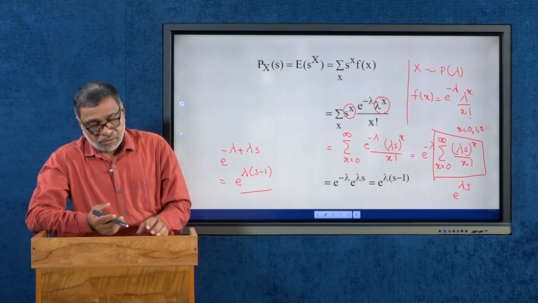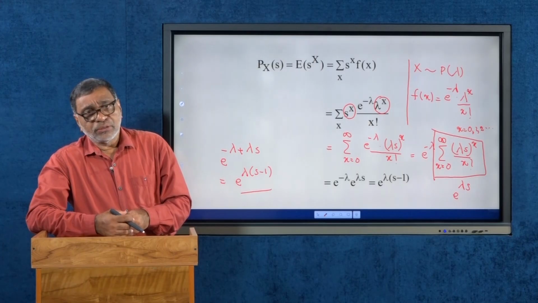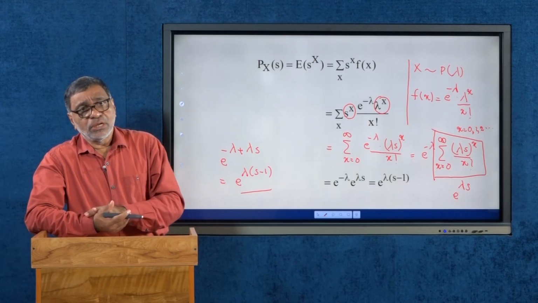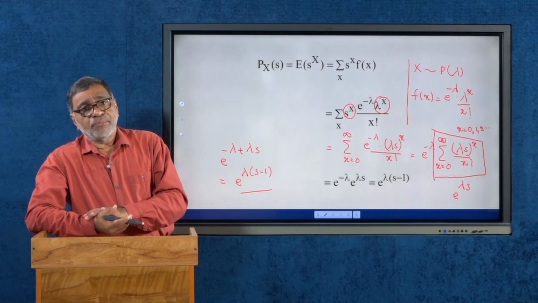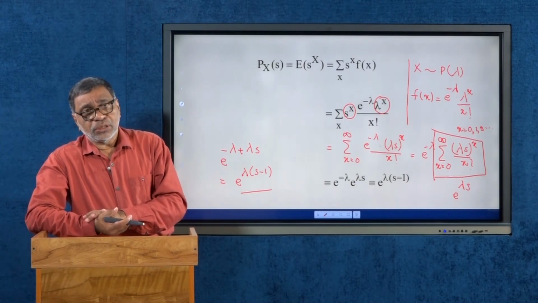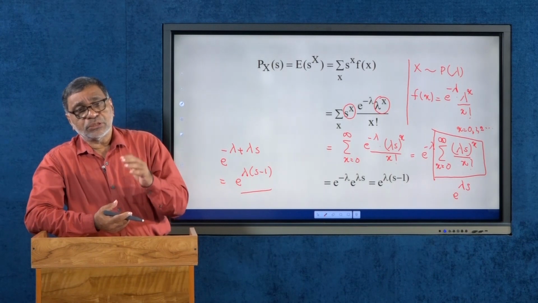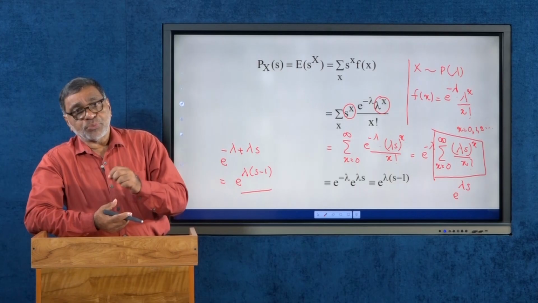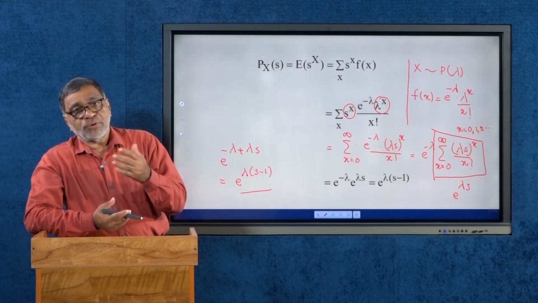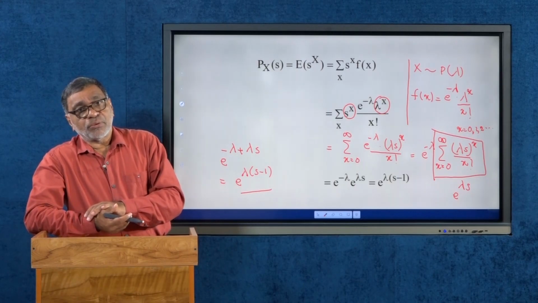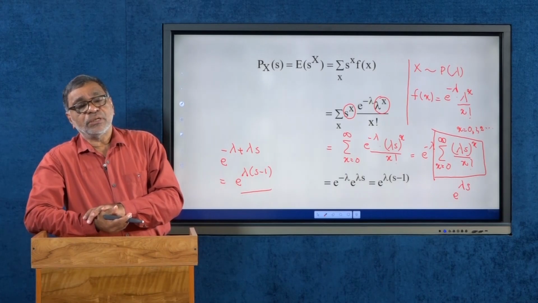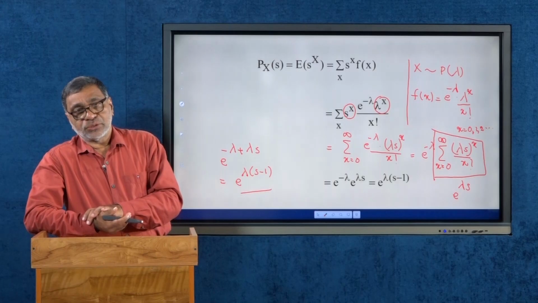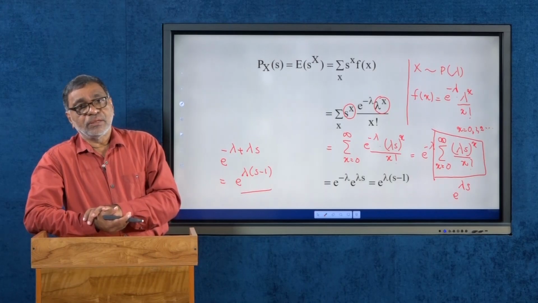As I mentioned, this function is used for generating probability values. If you expand this function, you can find the probability values from the infinite series by identifying the coefficient of s power x.